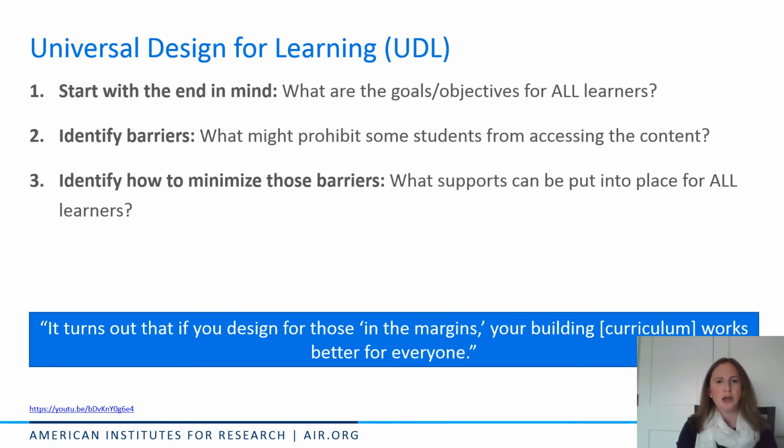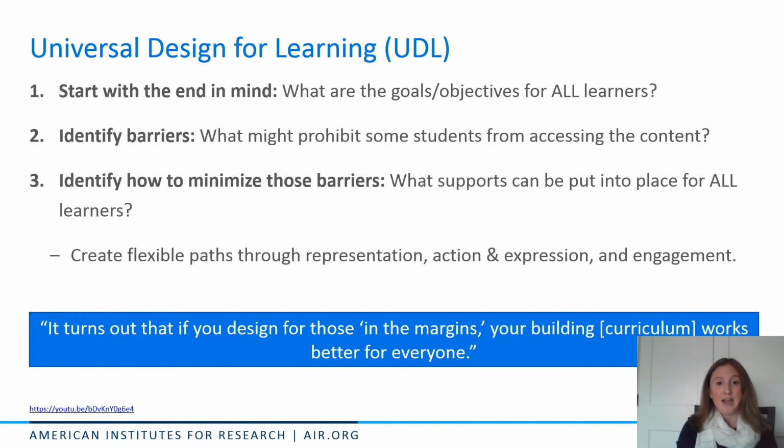Lastly, we need to determine how to minimize those barriers. To help us do this, we can turn to the UDL guidelines of multiple means of representation, action and expression, and engagement. We'll talk about these more in depth next, discussing how universally designing for learning using these guidelines helps create flexible pathways for all learners.